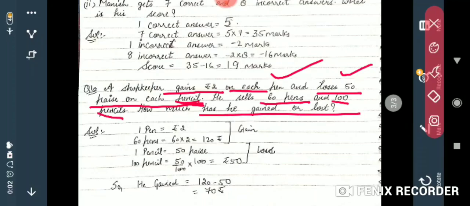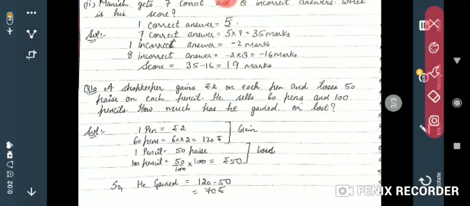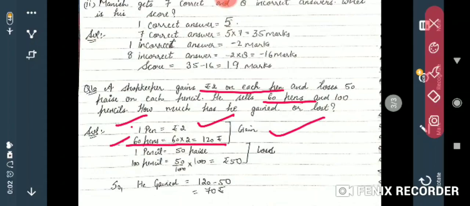So whether he gained or lost, you have to find. First, one pen, how much rupees? 2 rupees. So how many pens he sold? 60 pens. So for more than 1 you will find 60 multiplied by 2, 120 rupees as the shopkeeper gain on pens. So how much he gained? 120 rupees on pens.